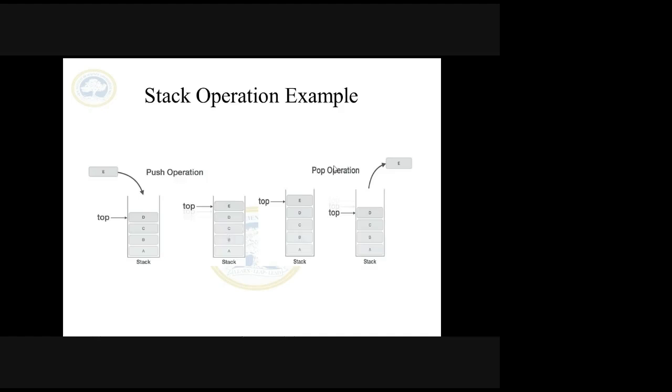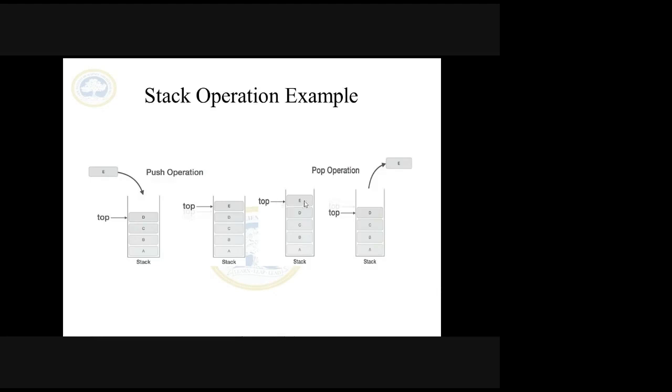When you want to pop, it will remove the element and then decrement the top. So for inserting or pushing, it increments the top and pushes the element; for popping, it removes the element and decrements the top.